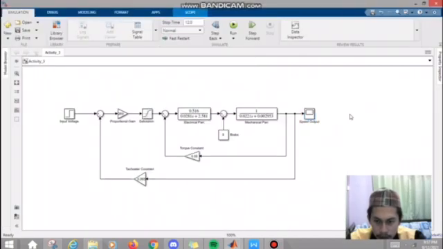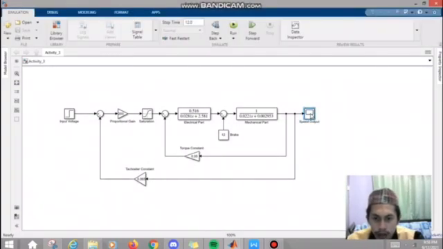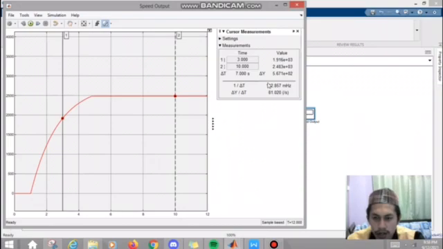Then we change to brake scale 12 and run the simulation, and the speed of the motor is 2483.